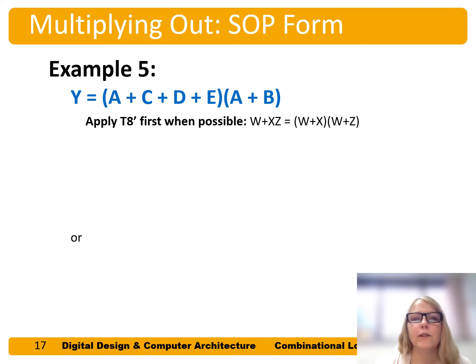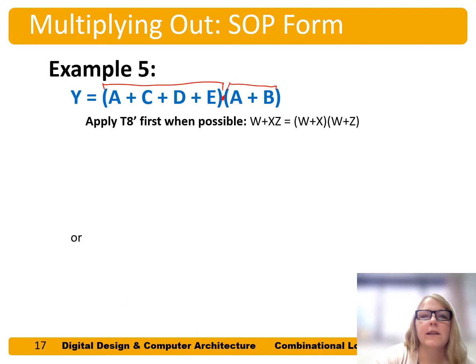So here's an example of multiplying out. We have this expression, or this equation. It's actually in POS form, a product of sums, a product of these sum terms, these OR terms. The easiest way to do this is to recognize that strange form, or dual form, of distributivity, where W or (X and Z) is the same as (W or X) and (W or Z).